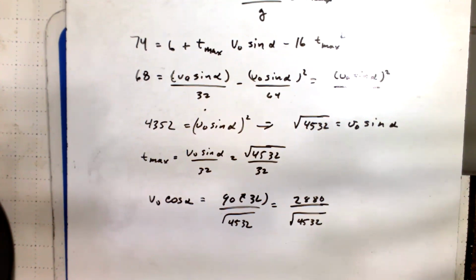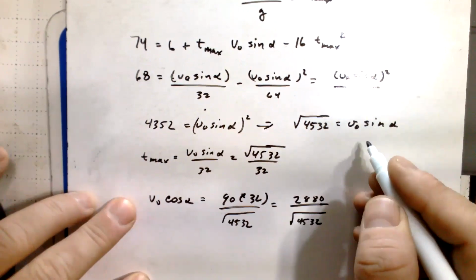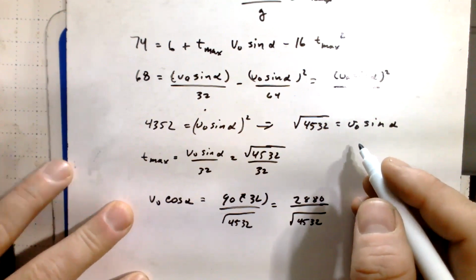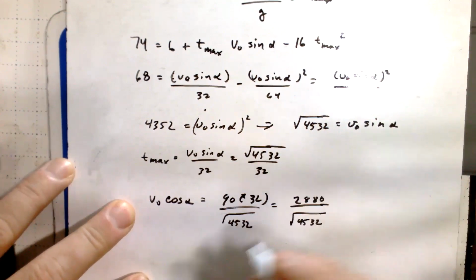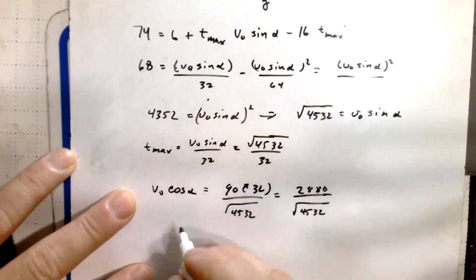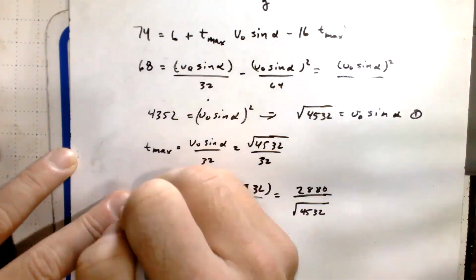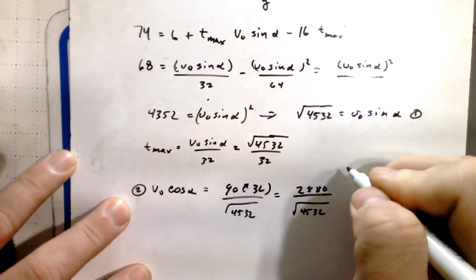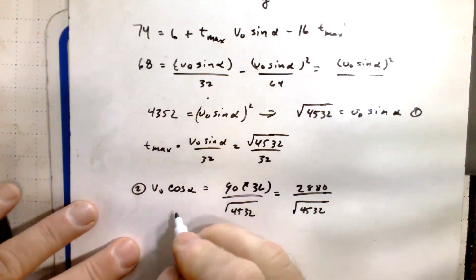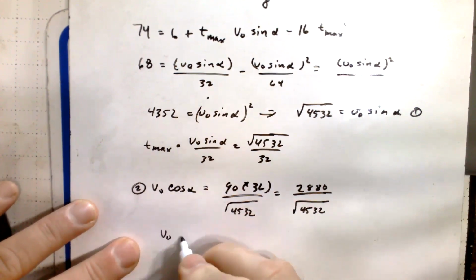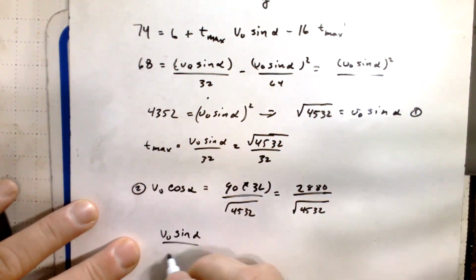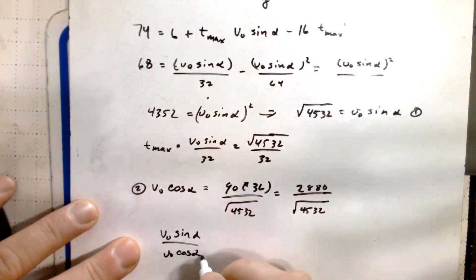And so now we have two nonlinear equations and two unknowns. So here's one, here's two, so let's go ahead and use those two. We can take a ratio, V naught sine alpha over V naught cosine alpha.